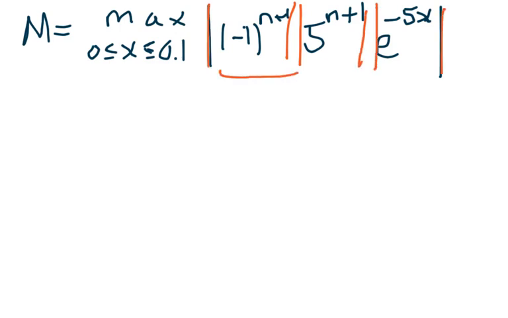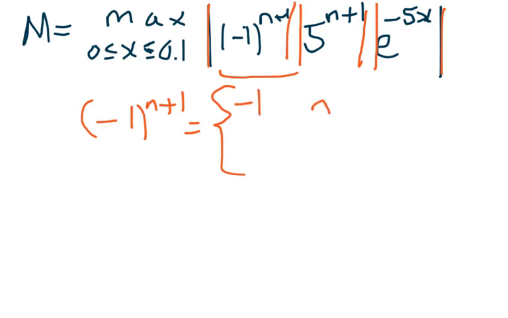Now, for the absolute value of minus 1 to the n plus 1, minus 1 to the n plus 1 takes on two values. It's minus 1 for n even, because when n is equal to 2, we have minus 1 to the 3, which is minus 1, and it's 1 for n odd.